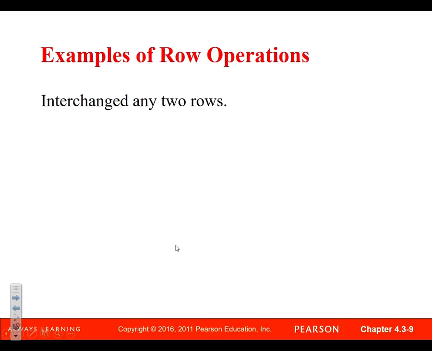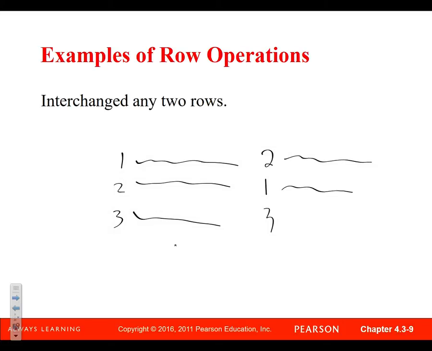So let's say you had row 1, row 2, and row 3. One thing you can do is swap the rows completely, just changing the order of them. So if you want row 2 to be first, and then 1 and then 3, you can do that. But you have to take the whole row, not just parts of it. It's called a row swap.